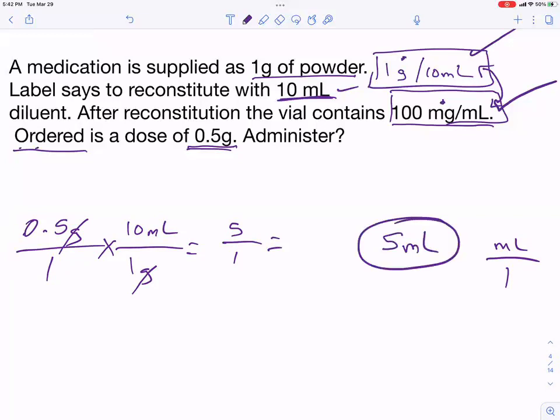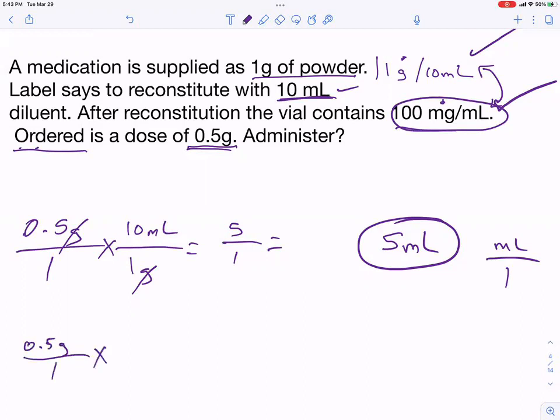But let's say I wanted to use this one instead. I'm showing you this because in practice, you will see different reconstitutions on a vial. So what if I wanted to use this one? No problem. I still start with my order, 0.5 grams, put it over 1. I'm still solving for milliliters over 1.